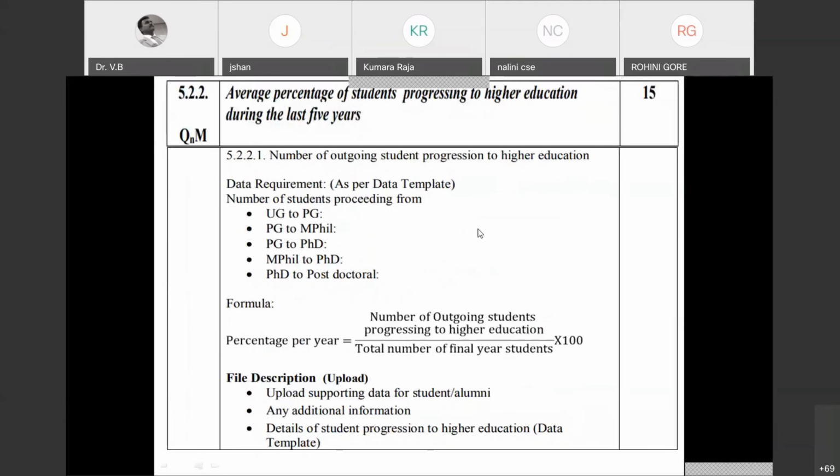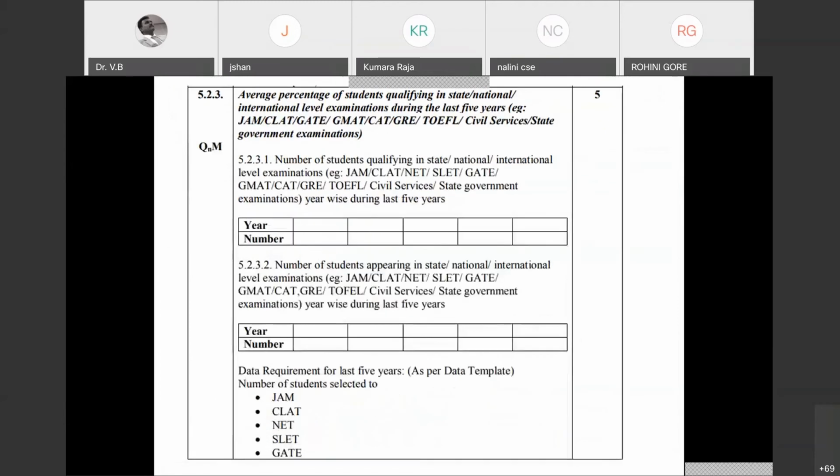So this is regarding the students who are progressing to higher education, then students qualifying in national examinations like GATE, GRE, TOEFL. So how many students have appeared and how many have cleared?